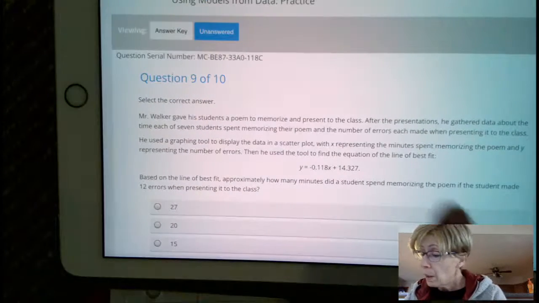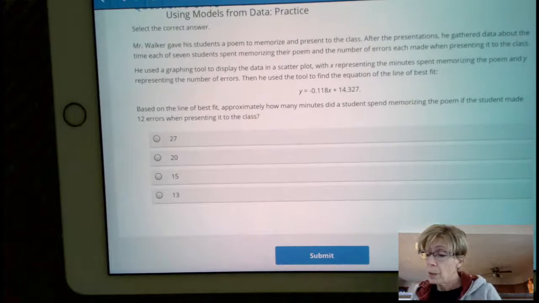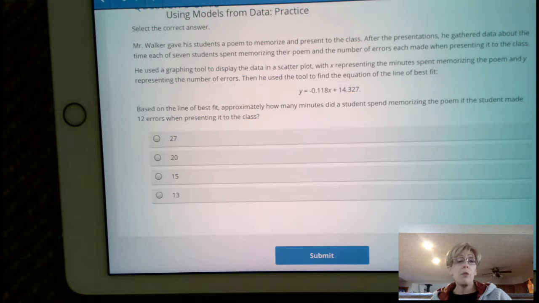Approximately how many minutes did a student spend memorizing the poem if the student made 12 errors when presenting it to the class? So when we go back and look at this problem, we need to determine where to put that 12. It says he used a graphing tool to display the data in a scatter plot with x representing the minutes spent memorizing the poem, and y representing the number of errors.